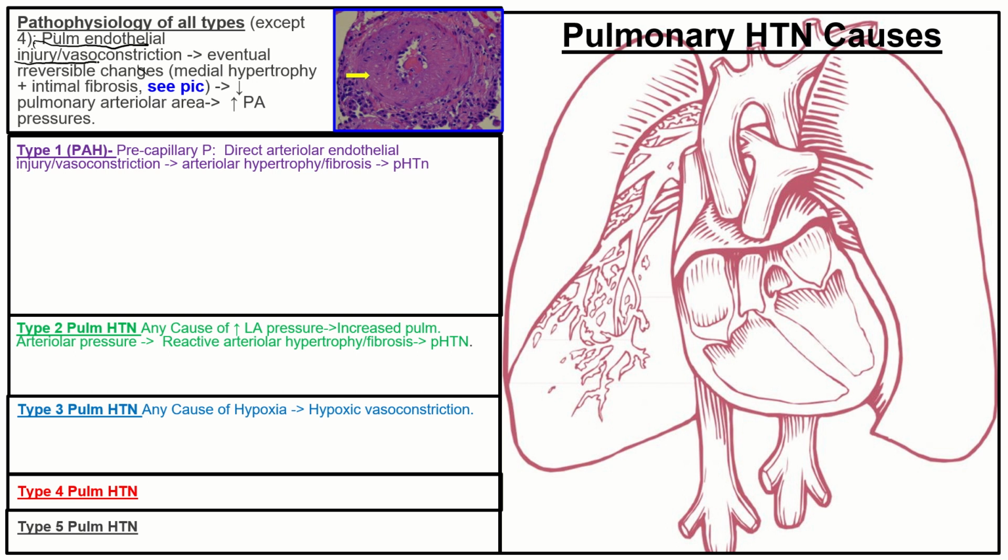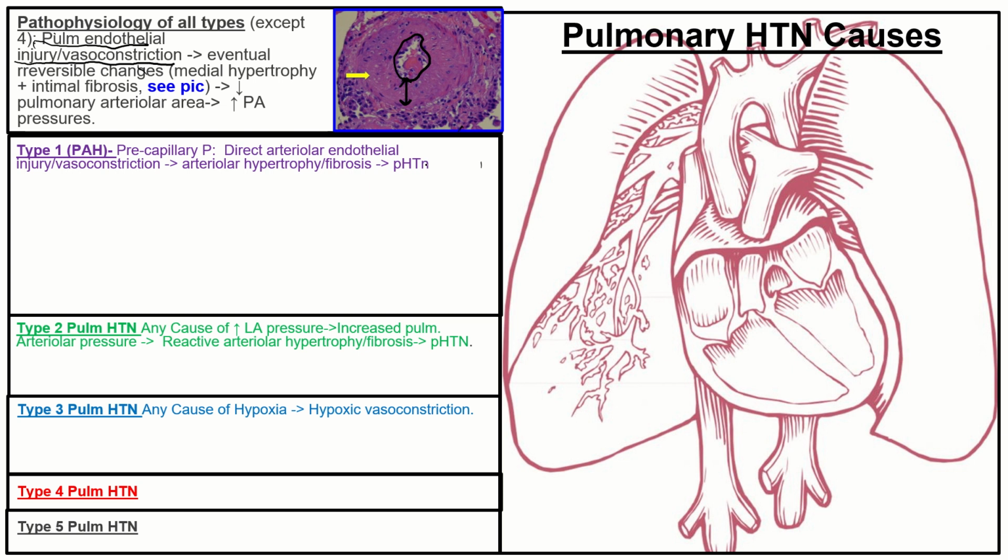Now, usually, especially with type 2 pulmonary hypertension secondary to heart failure, or type 3 pulmonary hypertension secondary to hypoxia, initially it's going to be reversible, just an increase in pressure in the pulmonary circulation. But unfortunately, the pulmonary arterioles respond to this increased pressure in any way, shape, or form by, one, undergoing intimal fibrosis, so you get hardening of the endothelium of the arteries, and two, the big thing is that they end up getting medial hypertrophy as well.